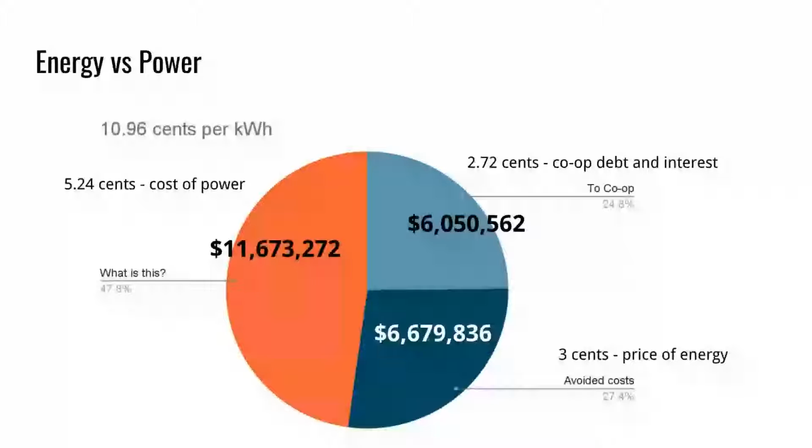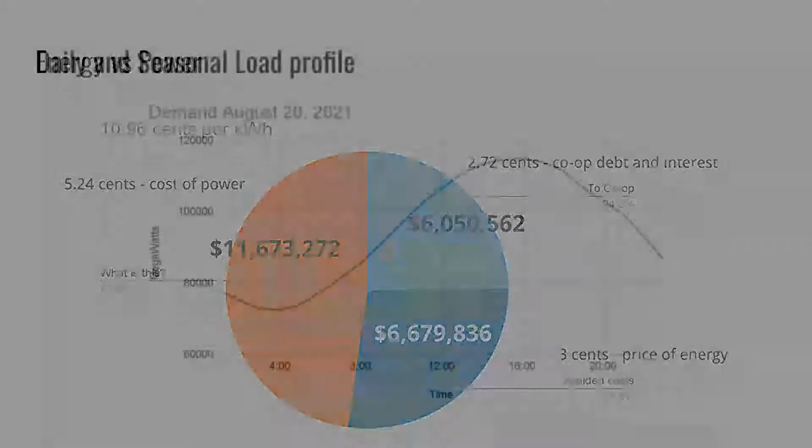And the last 2.72 cents is money that the co-op uses to pay for its debt and interest and other expenses. Many places will bill that separately and call those distribution costs. Right now, Scenic Rivers rolls all these costs together, and it just shows up on our bill as an energy charge of 10.96 cents per kilowatt hour.